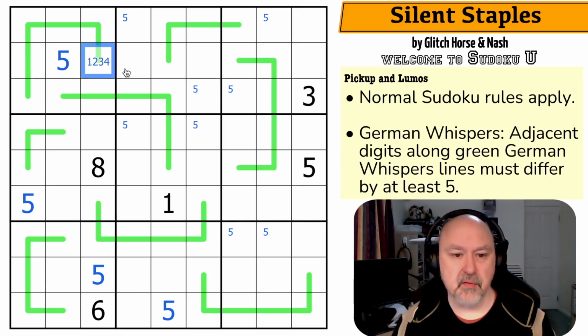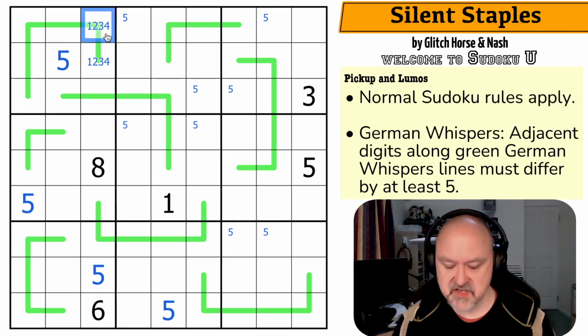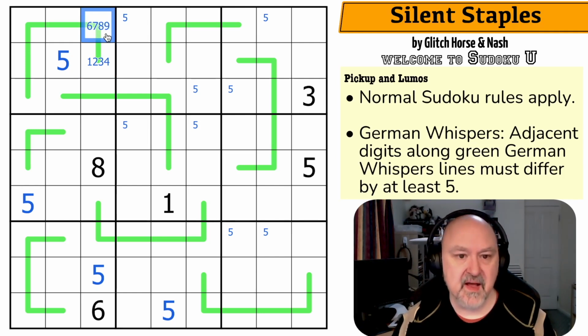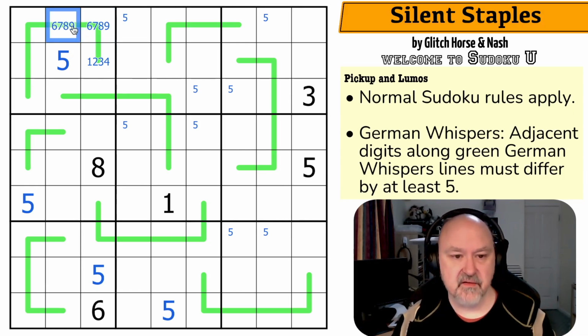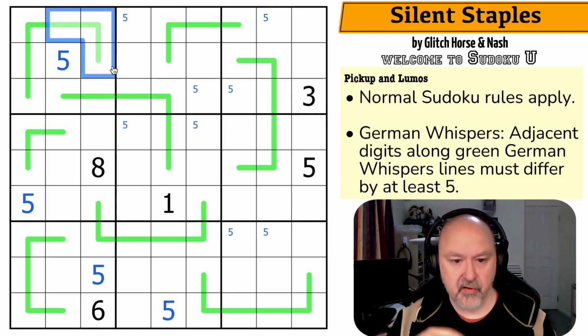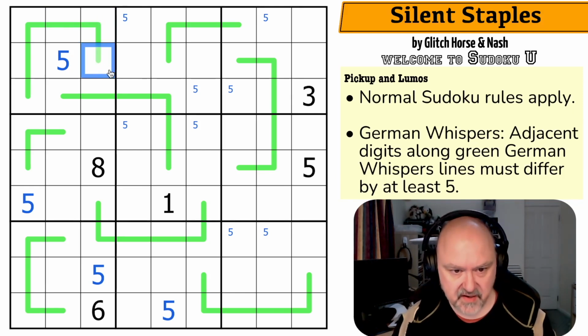Now, if this is a below 5 digit, I don't know it is, but the logic would be the same if it's above 5. The digit that is next to it cannot also be below 5 because the difference isn't high enough. So the digit that is next to it would need to be above 5. And if this was above 5, the digit that is next to it couldn't also be above 5. The difference isn't high enough. So it would have to be below 5. And you will always end up alternating high, low, high, low, high, low along these lines.